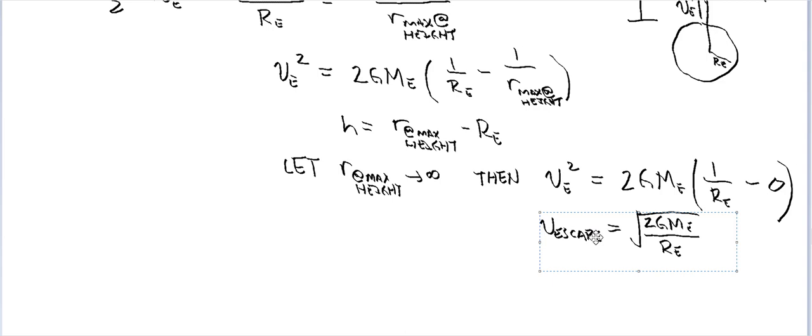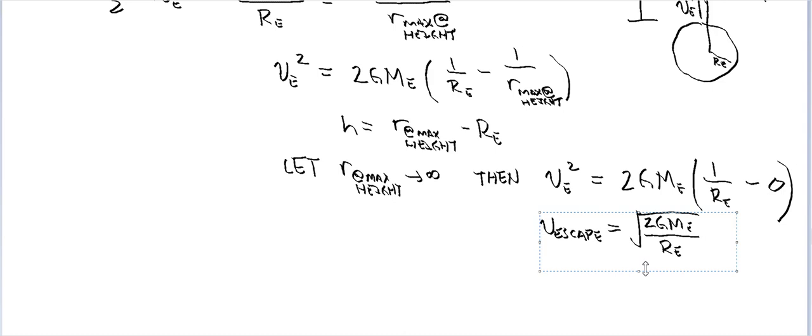A physicist named Schwarzschild actually used this to calculate the size of a black hole. What he did is he set the escape speed equal to c, the speed of light, which is about 3 times 10 to the 8 meters per second. He solved for a given mass, so pick whatever mass you want. He solved for the radius, and that radius is what we call the event horizon.